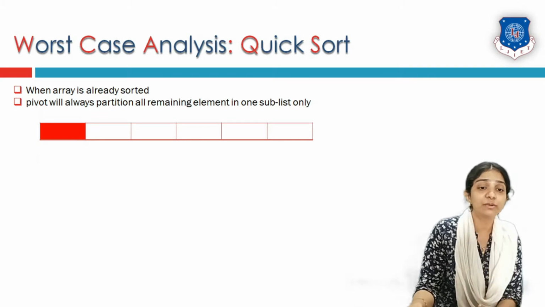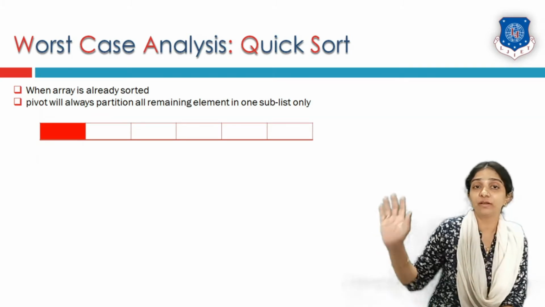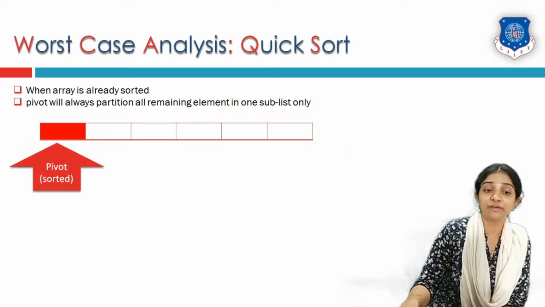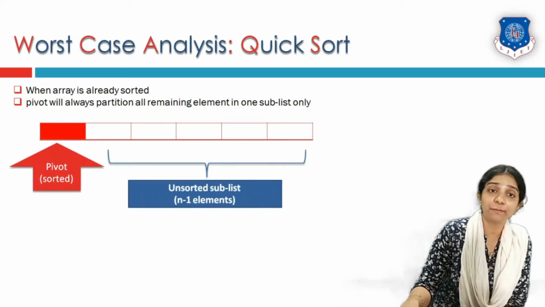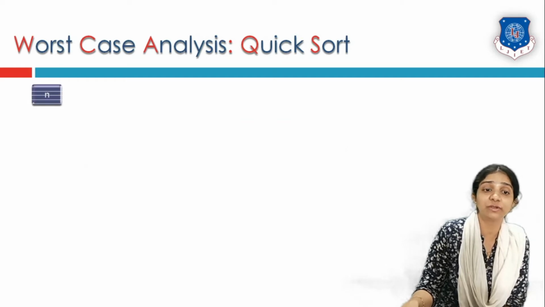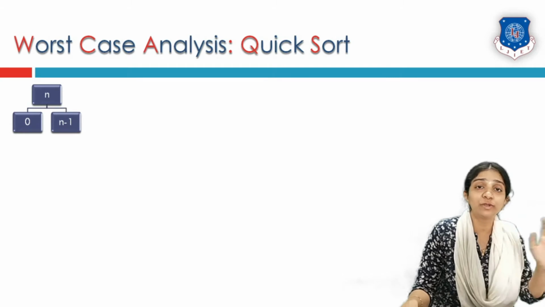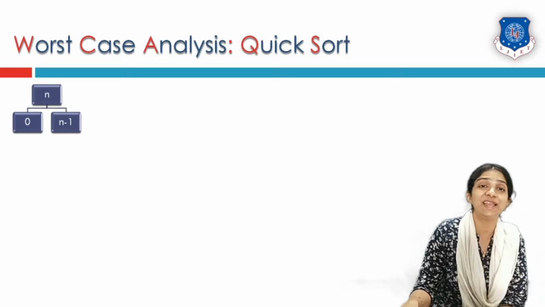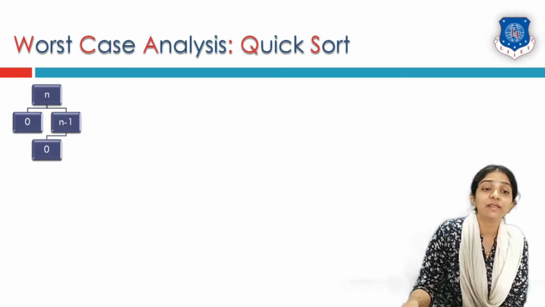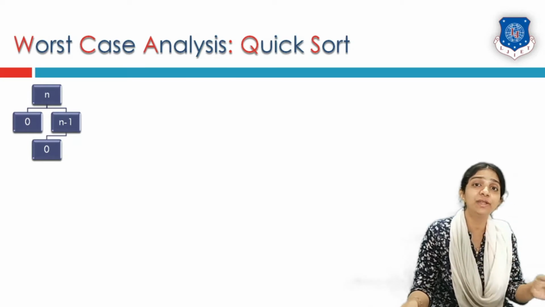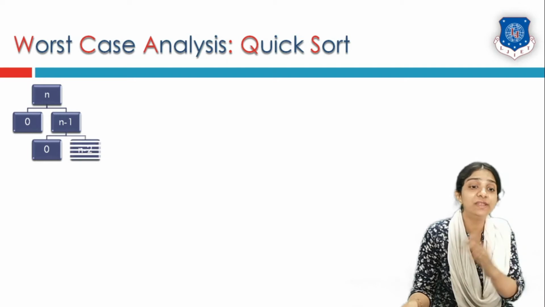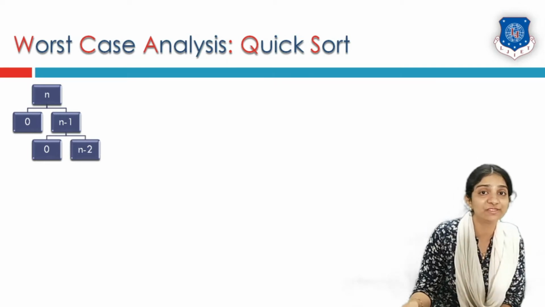Let us have a look: if this is the array and the pivot element is already sorted in its correct place, the remaining n-1 elements will be unsorted, which are towards the right. So n elements, 0 elements towards the left and n-1 elements towards the right. Now after sorting n-1 elements, to the left of the pivot there would be nothing, and towards the right there would be n-2 elements.